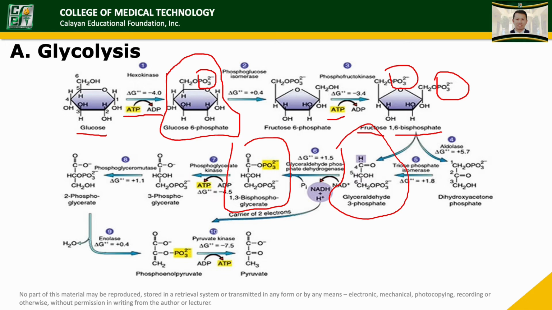So what we can highlight here is the utilization of ATP. For glycolysis to happen, there is a need to invest ATP to gain more ATP. We can also see how ATP, or the phosphate group from ATP, is used.